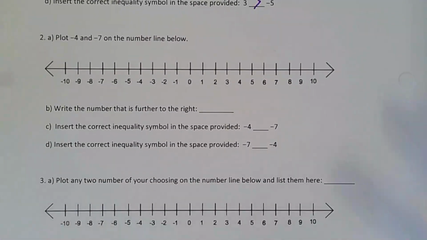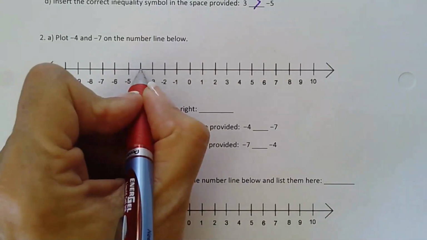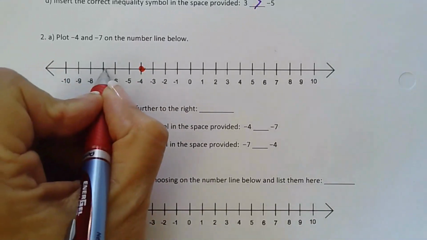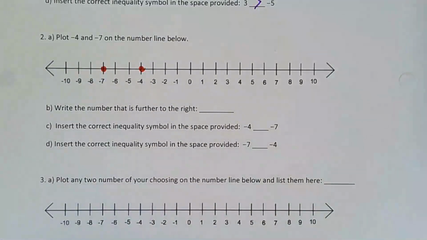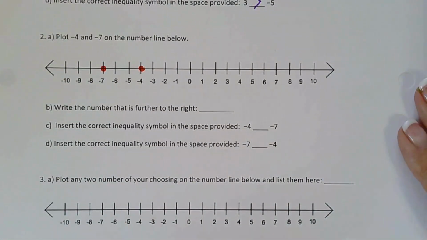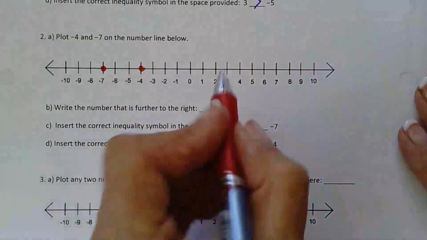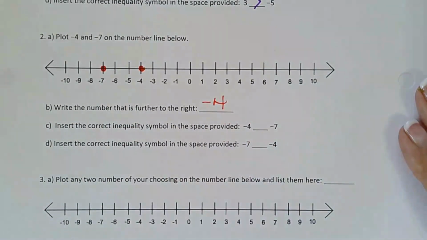So -4, -7. This is when you really need to know that rule. So -4 and -7. Write the number that is further to the right, -4, so I know that means it's the largest. And it's just the opposite of when they're positive. When they're positive, 7 would be largest. But when they're negative, it's the opposite. But I just always remember which number's furthest to the right on the number line.